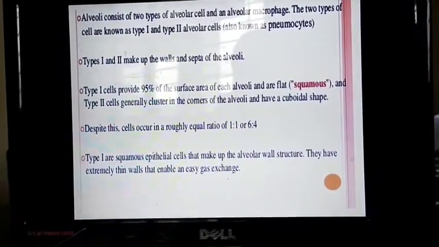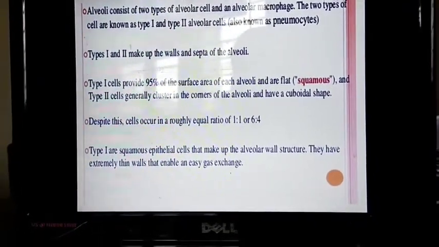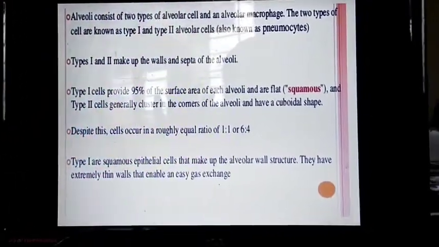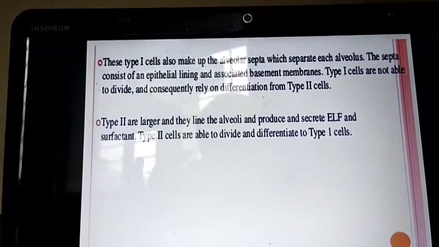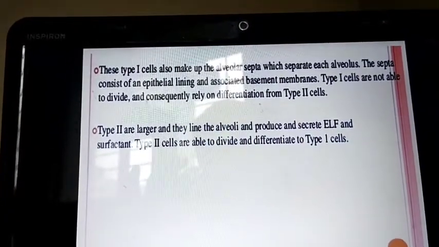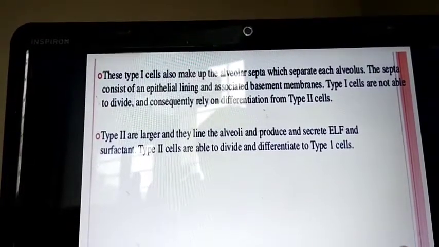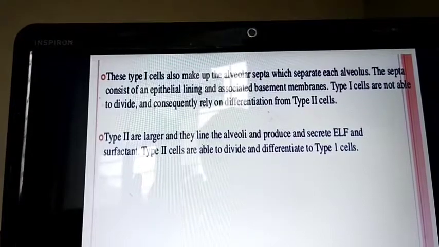The type 1 cells are squamous epithelial cells that make up the alveolar wall, which is extremely thin to enable easy gas exchange. The type 1 cells also make up the alveolar septa, which separate each alveolus. The septa consist of epithelial lining and associated basement membrane.